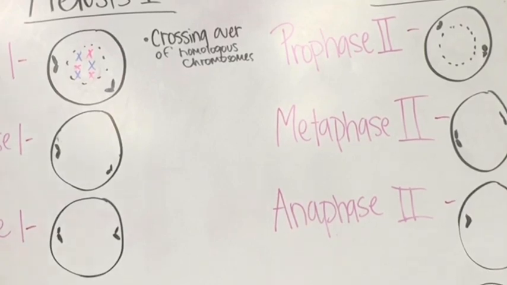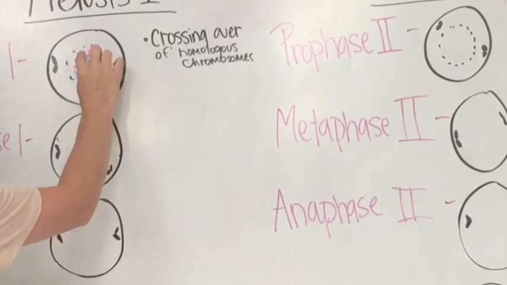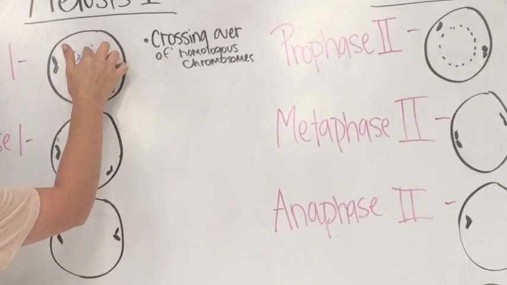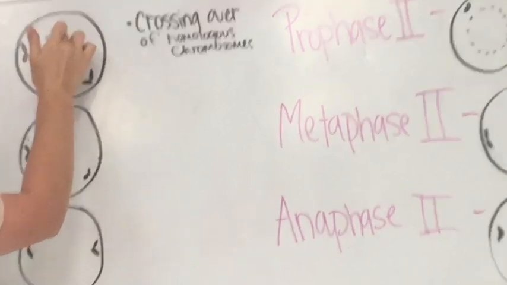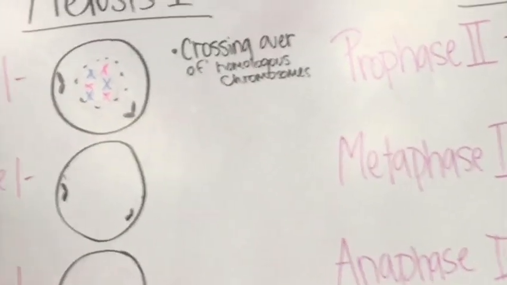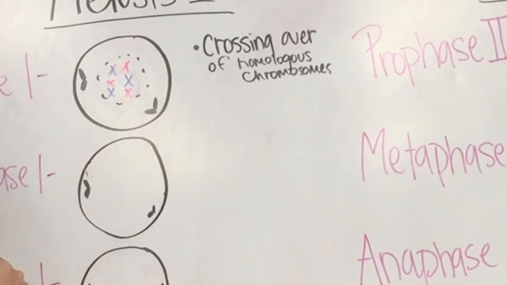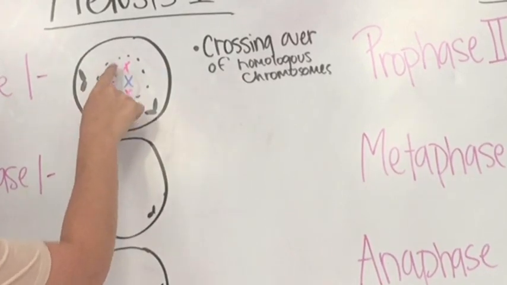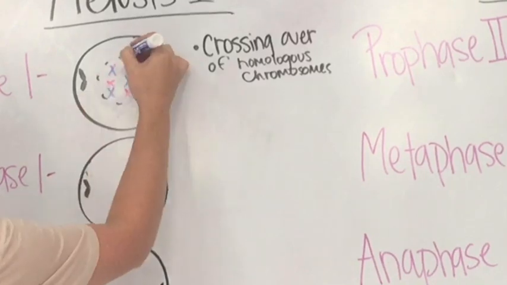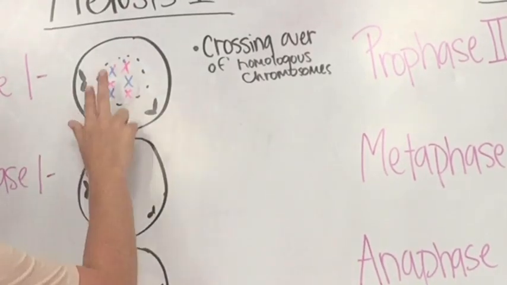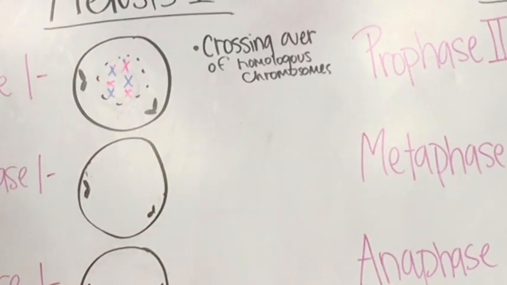All right, so what happens in crossing over is these same chromosomes or similar information on these chromosomes start switching their information. So you'll see me change this blue to a little bit of the pink at the top and this a little bit of the blue. So mom and dad are swapping information. That is crossing over. This can only happen in prophase 1.